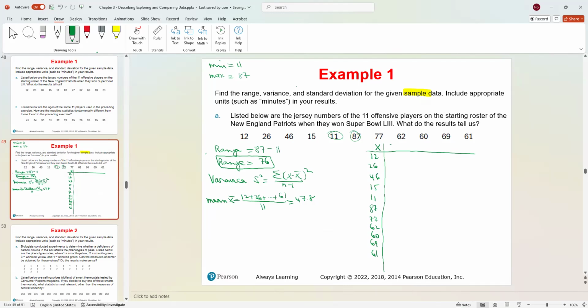First of all, you need to subtract the mean from each of these x values and raise it to power 2.